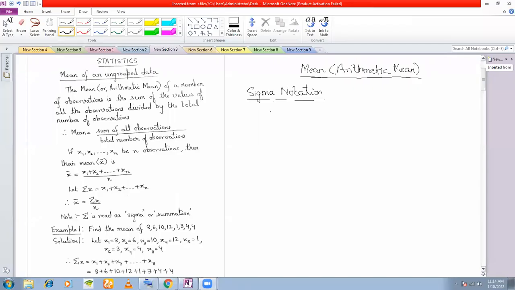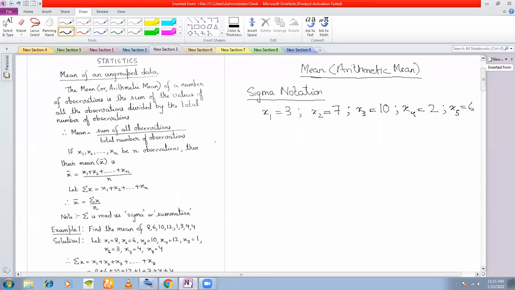To understand the sigma notation and the arithmetic mean, let us say I take a variable x1 equal to 3. If I take x2 equal to, let's say, 7, and x3 is equal to 10, x4 is equal to 2, and x5 is equal to 6.